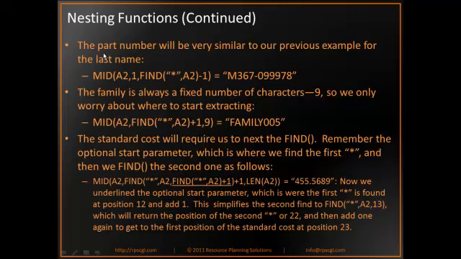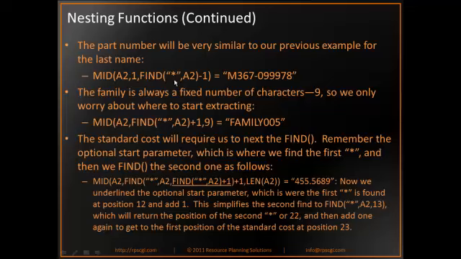Okay, so the first part is pretty simple. It's very similar to the way that we extracted the last name from the previous example, because we have a delimiter. Our delimiter is going to be the asterisk. So again, A2 is our first text string that we're going to parse. So we're going to use the mid function at A2. We're going to start at the first character.